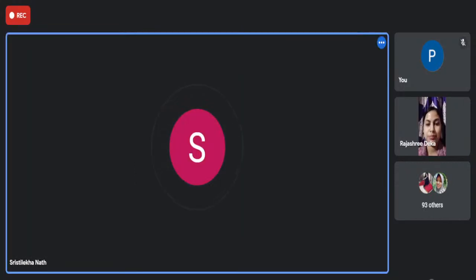Yes. I too am very new to this field, so please forgive me if there is any mistake. What I think about this question is that we all know that when there is a transplantation, there is graft rejection.